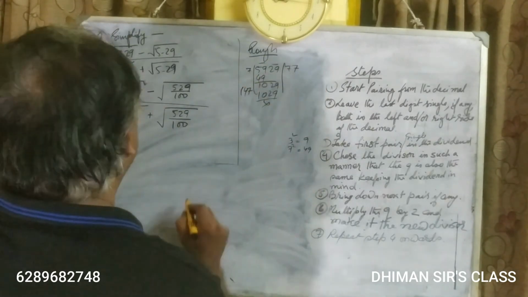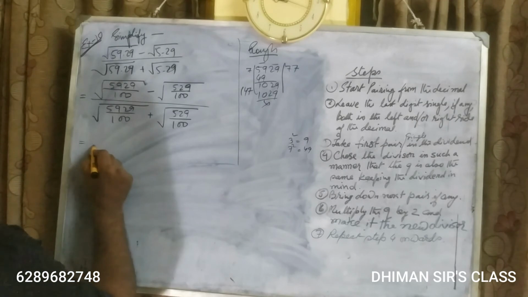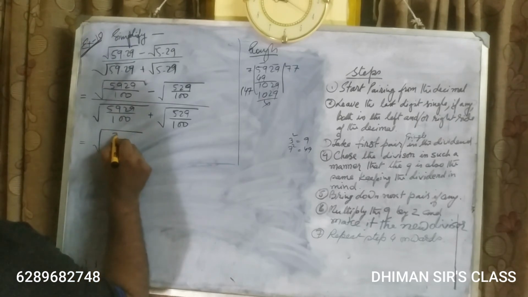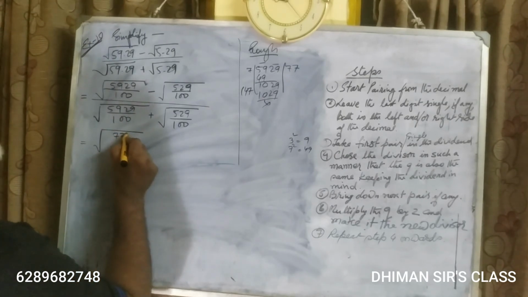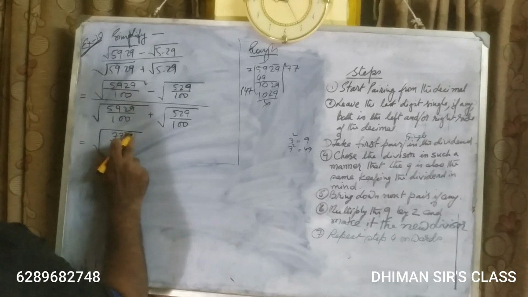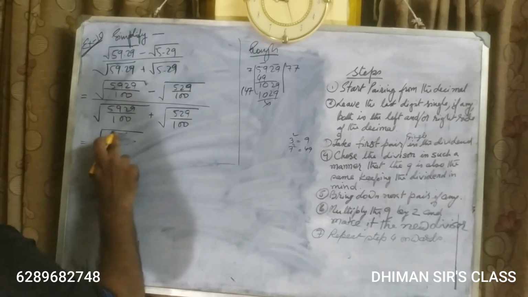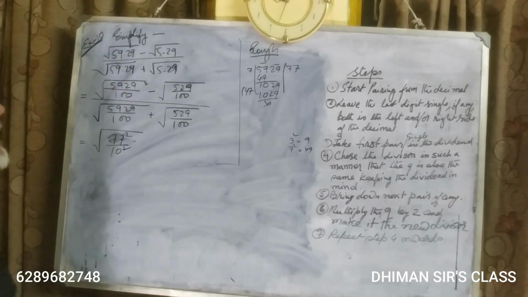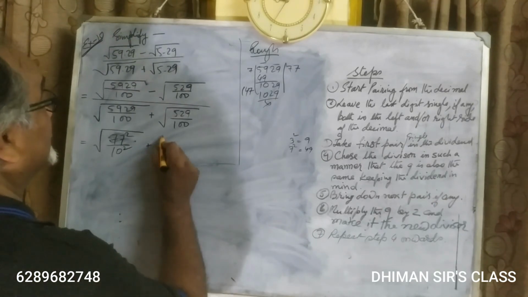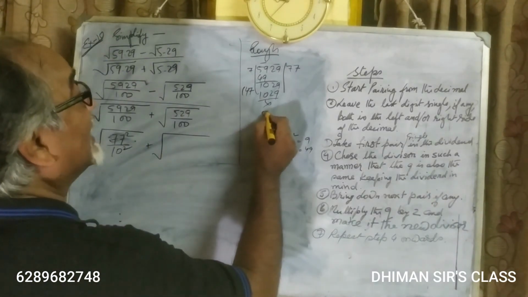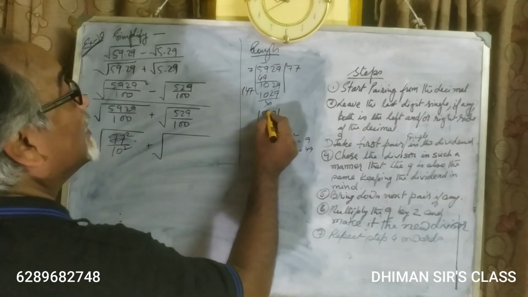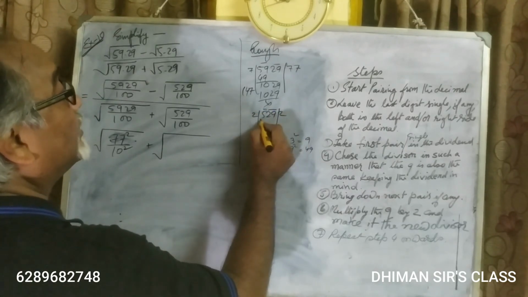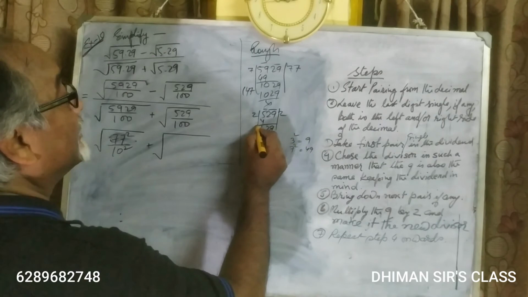So 77 is equal to 77 square by, let me write it properly, 77 square by 10 square, 100 means 10 square, plus 529, square root of 529, pair single, 2 2s are 4, 129.